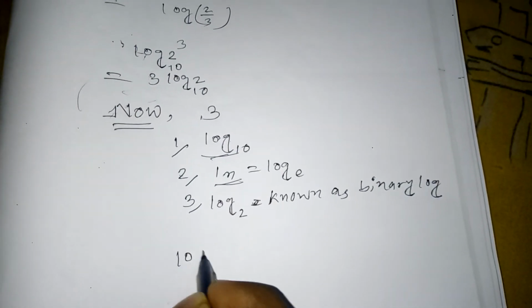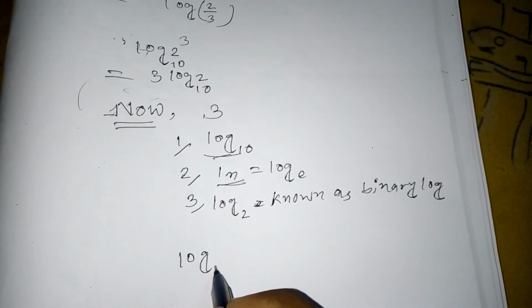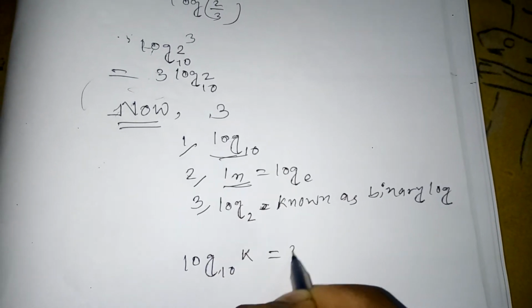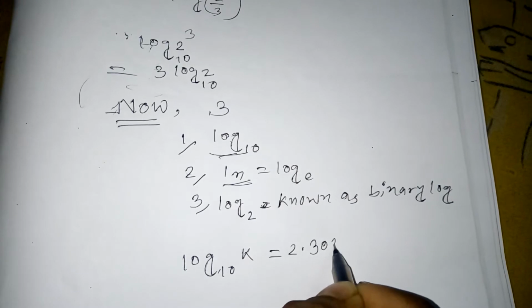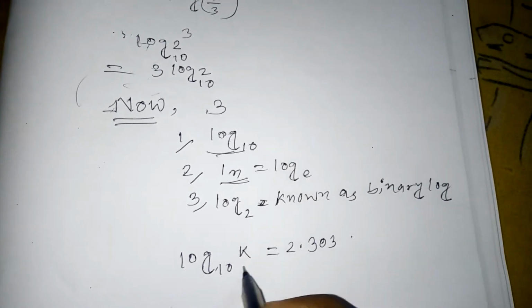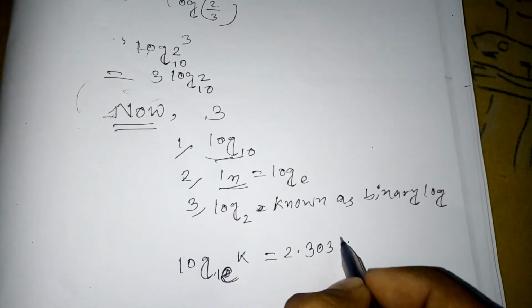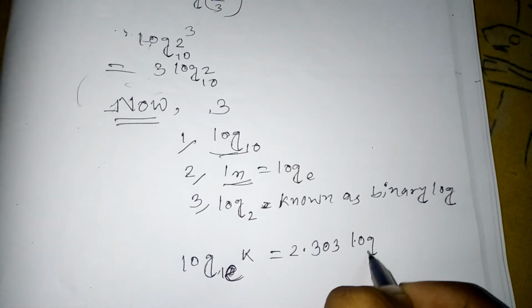Log of k base e is 2.303 log of k base 10.